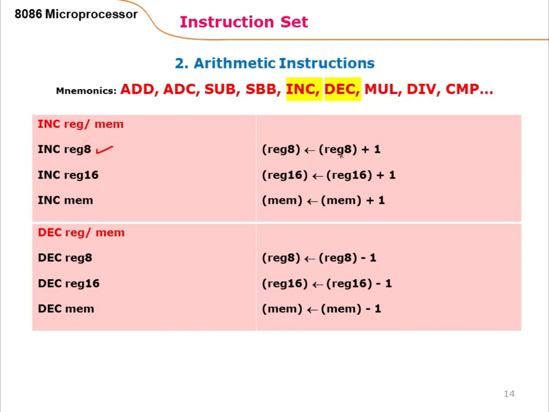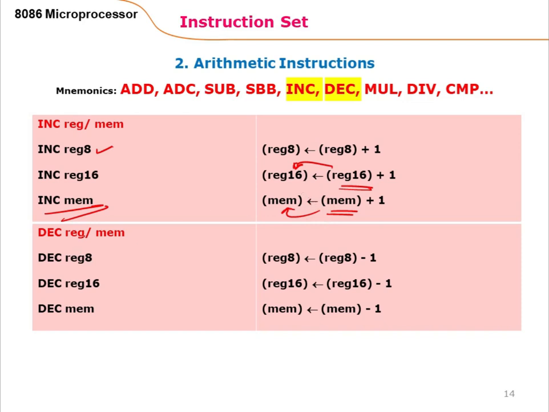So the contents of this register are incremented by 1. Then increment register 16. So the contents of this 16-bit register are incremented by 1, and it is updated. Increment memory means it increments the content of the memory location, and the result is stored in the same memory location.